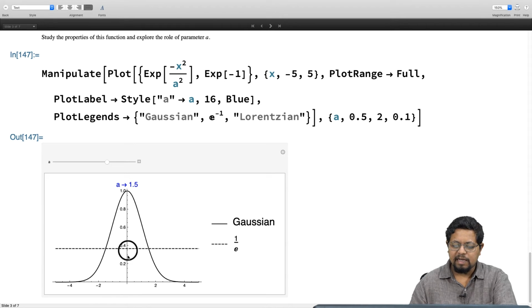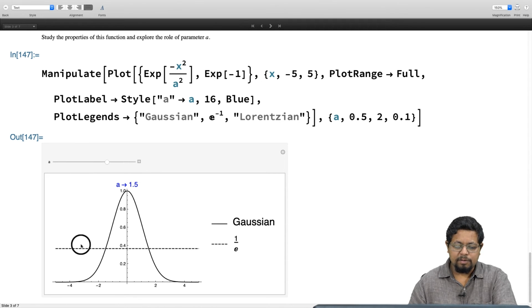So as x starts from 0 outwards towards positive x or negative x, this point represents when x squared by a squared has reached 1. That is when the value of the function has dropped from its maximum to 1 over e, and that is the point which gives the width of the Gaussian. This point corresponds to x equal to a.